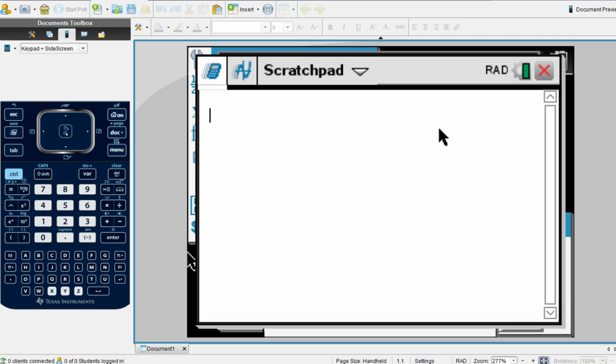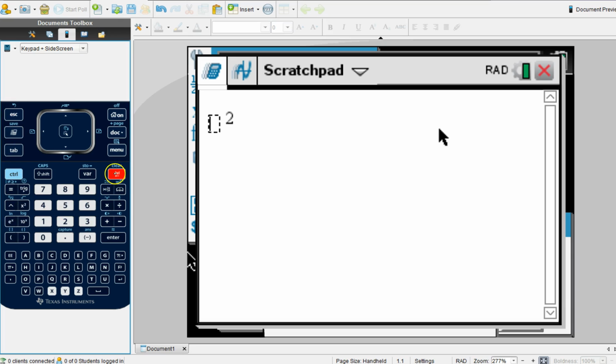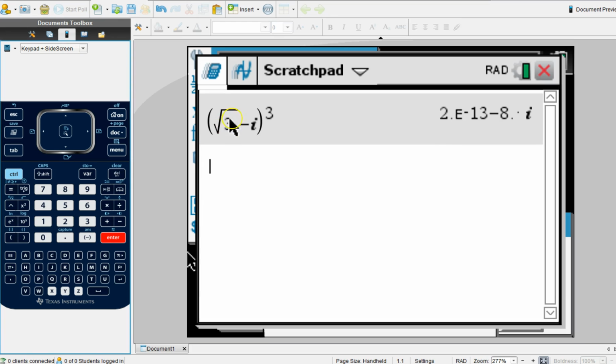So we could just go square root of 3 minus i and cube that. So if we cube it, it should come out to be -8i.